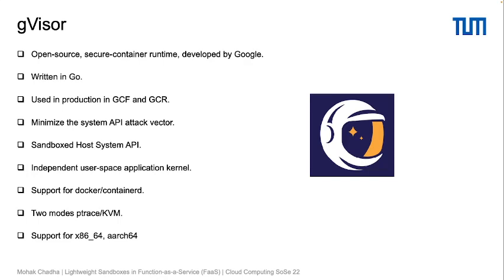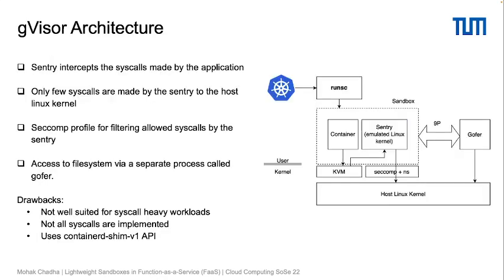And yeah, this is essentially the architecture of gVisor, right? So we have this OCI compliant low-level runtime called runsc. Instead of runc, which is used by default in containerd, you can plug and play.